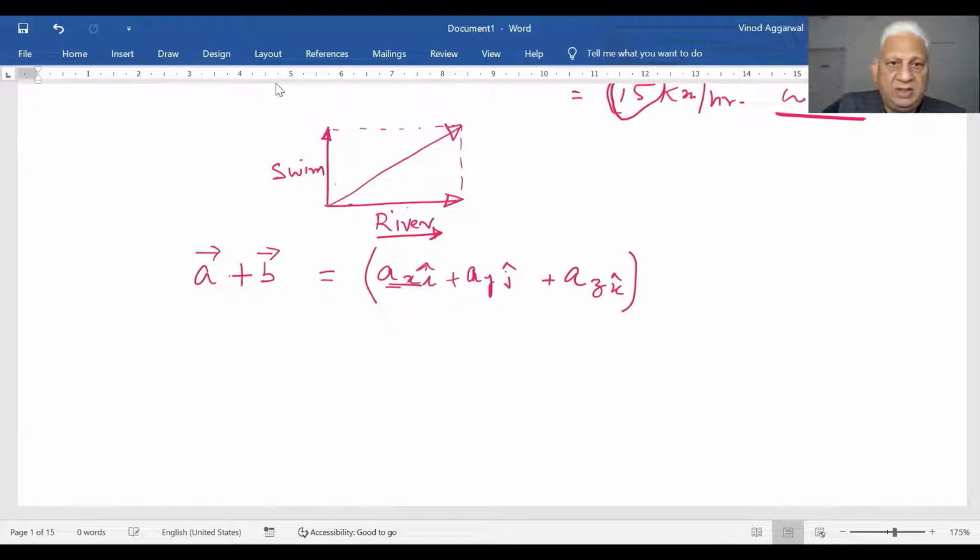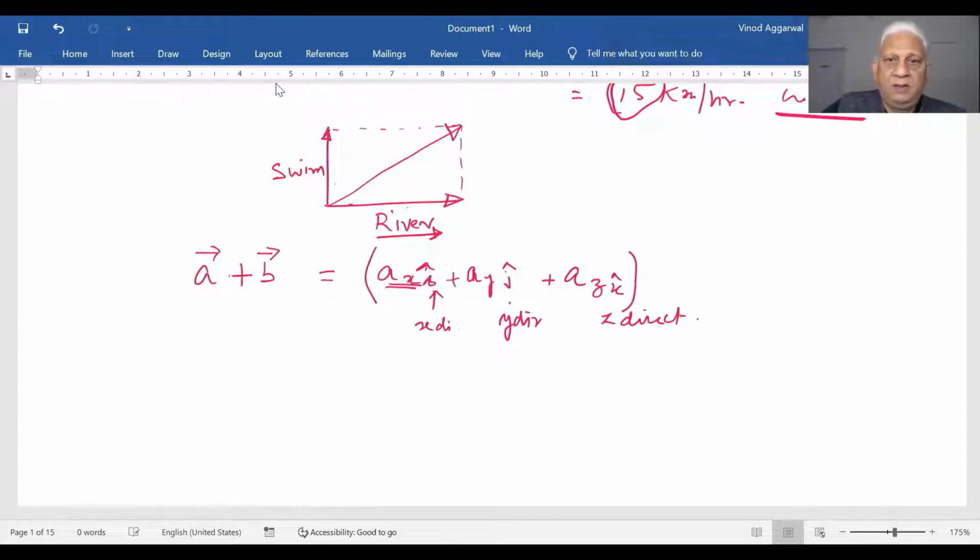Now ax is the component of a in x direction. When we write i, it means this is unit vector i. Unit vector i is representing x direction. Similarly, unit vector j is representing y direction and k is representing z direction.